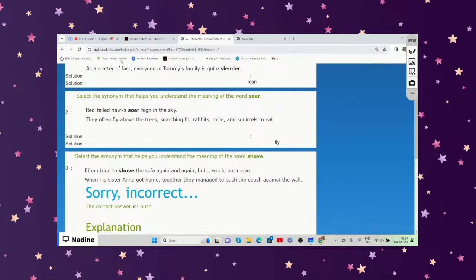All right, so if we choose the synonym, we will choose fly, right? Because fly is the same in meaning as to soar high in the sky. It's like flying high in the sky.